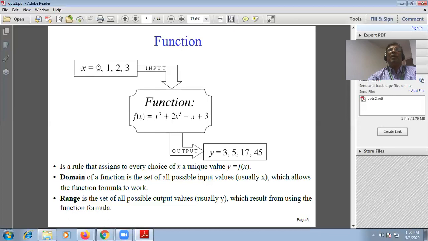If you are putting x is equal to 0 here, these terms will be 0 and it will give you 3. If you are putting here 1, then this will be 1 and 2, 3, 3, 6 minus 1 is equal to 5. And by putting all these consecutive values, you can get these values.